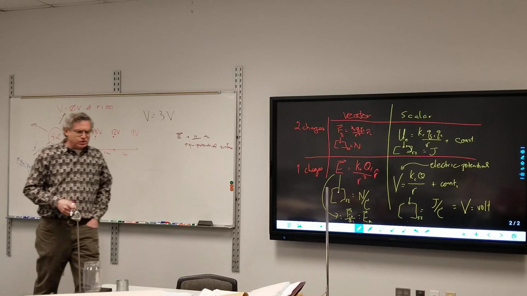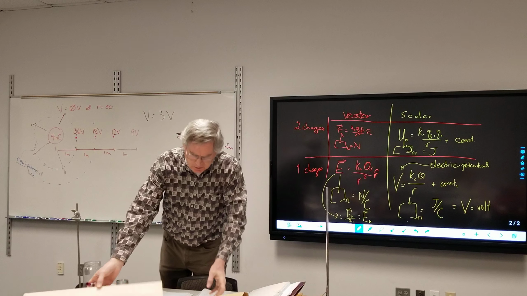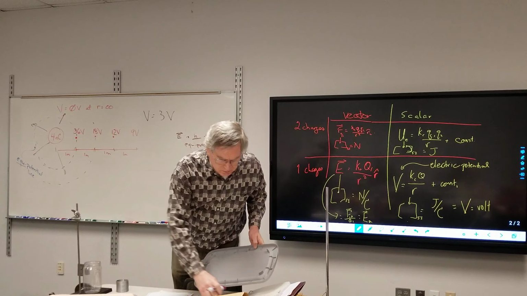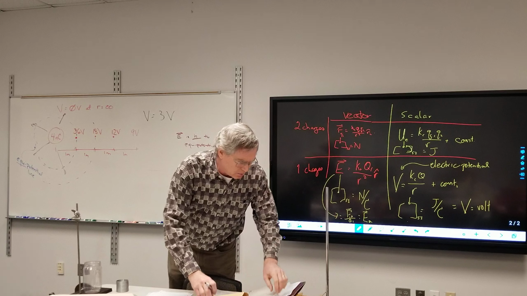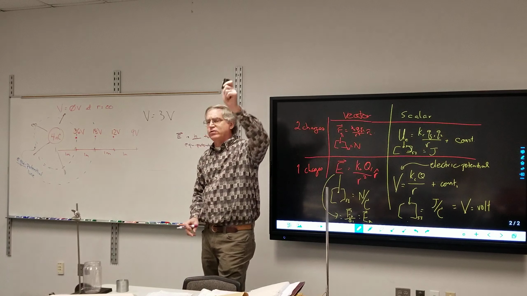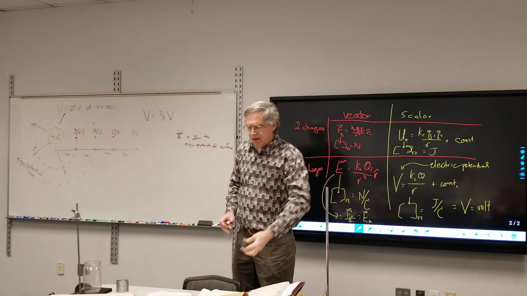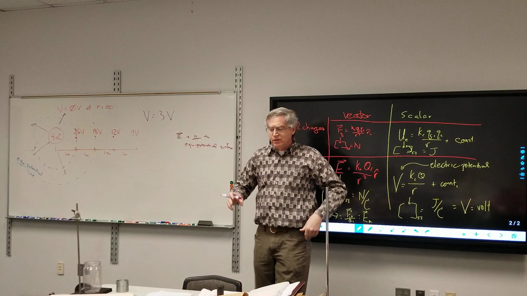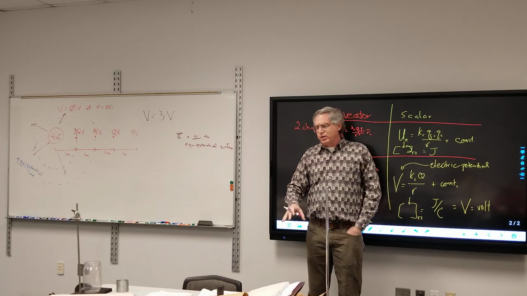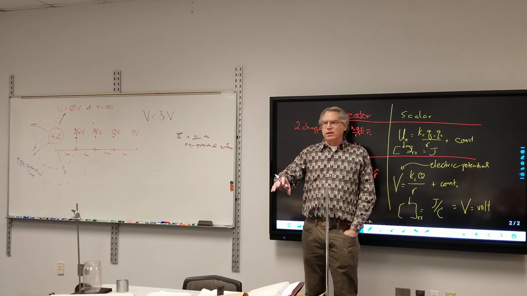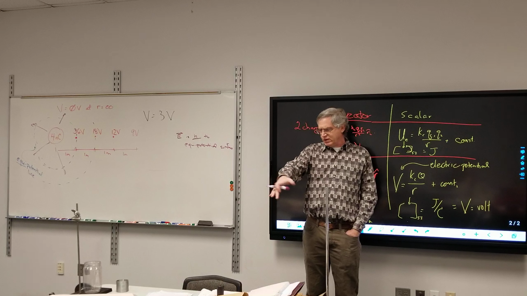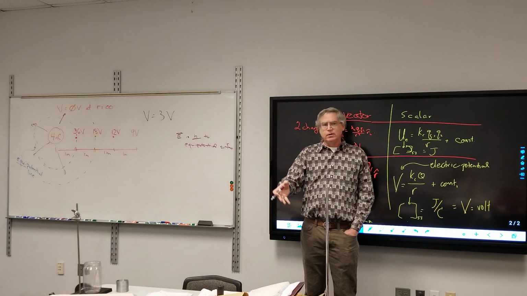So if I took, wherever my cube is, well, I'll take a cylinder. If I took the cylinder, added charge to it, backed off so that it could get into equilibrium, then the whole surface of the cylinder would be the same potential, the electric potential.